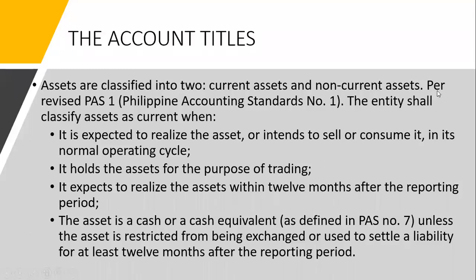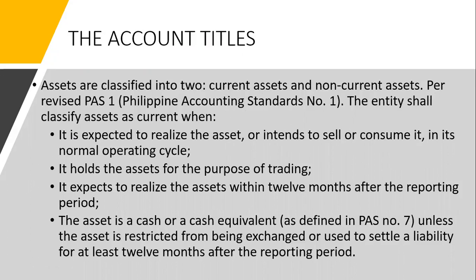So for revised PAS number 1, which is the Philippine Accounting Standards number 1, the entity shall classify assets as current when... So ito yung requirement to be considered as current assets. So it is expected to be realized, or the entity intends to sell or consume the asset, in its normal operating cycle.